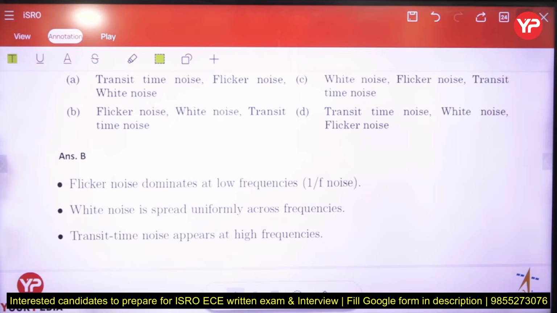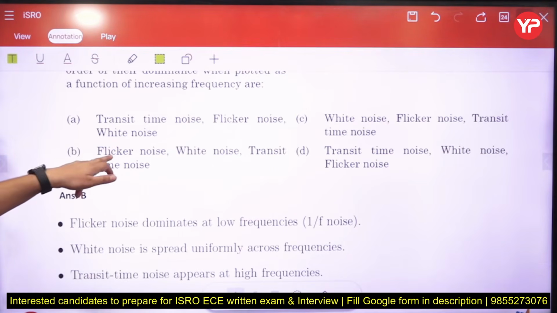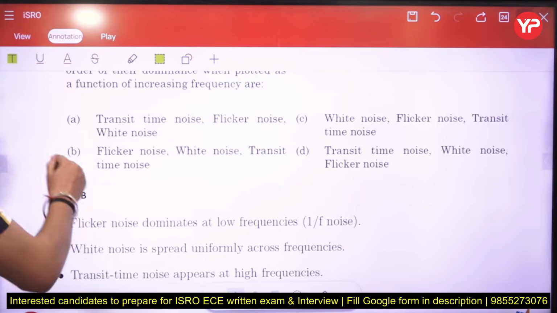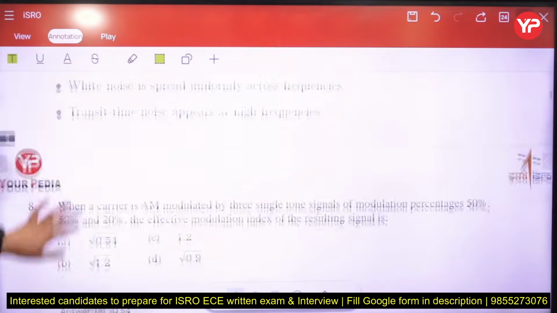White noise is spread uniformly across all frequencies, and transit time noise appears at high frequency. So first low frequency flicker noise, then white noise, then transit time noise. So the answer will be B here.